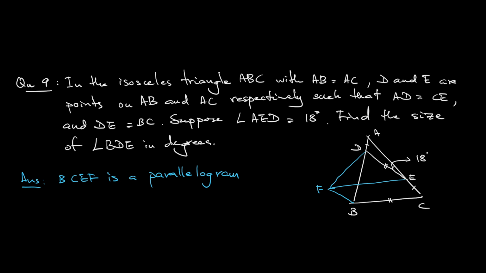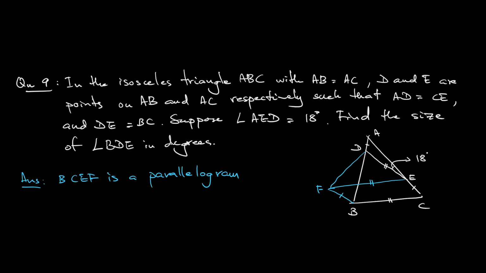Notice that FB needs to equal EC, right? Because it's a parallelogram. And of course this is also 2 dashes.